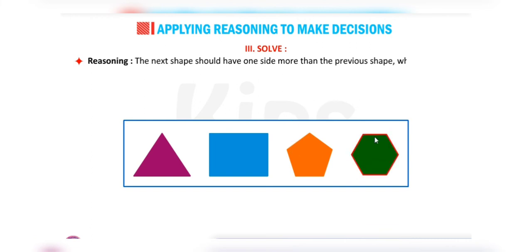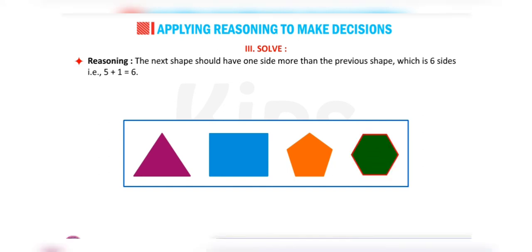Then our answer is a 6-sided shape. So the answer is hexagon, which has 6 sides. For example, 5 plus 1 equals 6. So this way we can solve our problem.